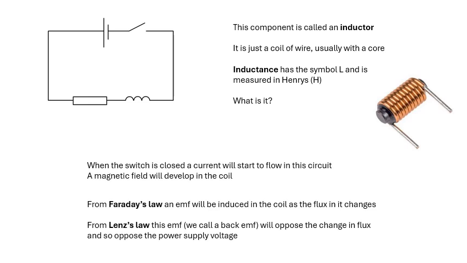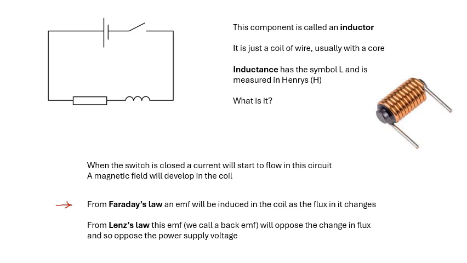If you look at this circuit, this is a DC circuit. When we close the switch, we're going to get a magnetic field in the coil. This is all to do with electromagnetism. You remember Faraday's law. Faraday's law basically says that when the flux changes, we're going to get an EMF, and the EMF is proportional to the rate of change of flux.